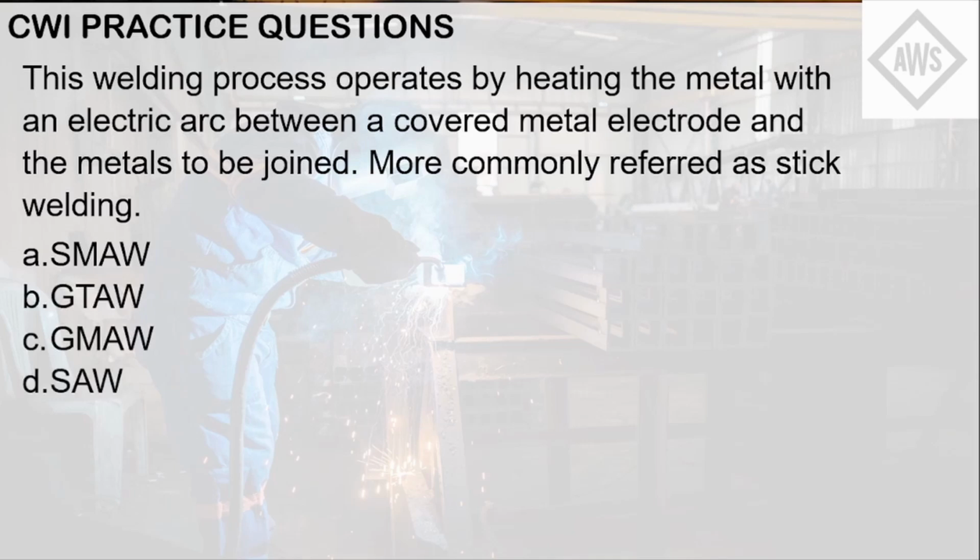For the choices, GTAW is gas tungsten arc welding or TIG welding, so that's not the correct answer. Letter C, GMAW, is gas metal arc welding or MIG welding, so it is also not correct. Letter D is SAW, or submerged arc welding. It is a fully automatic process.